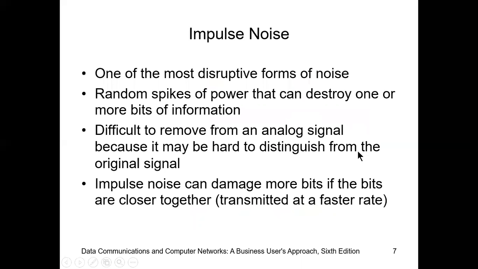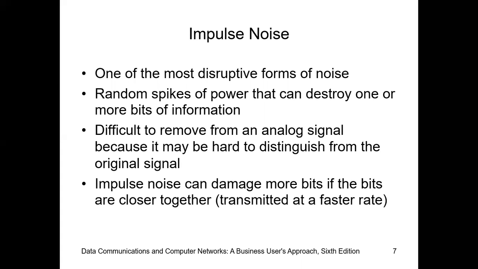Now, impulse noise is very destructive because it is noise that results in spikes of power that can destroy the transmission of information. We cannot predict when it is going to occur.